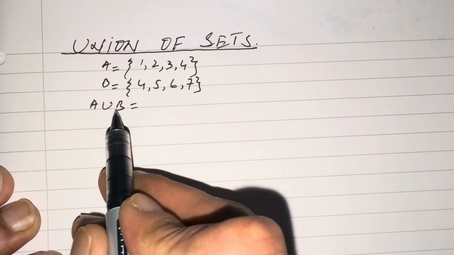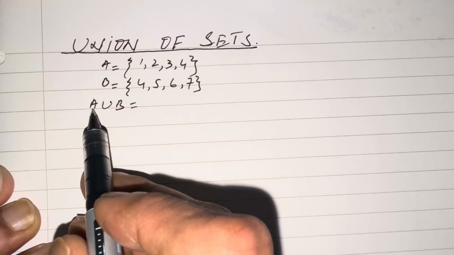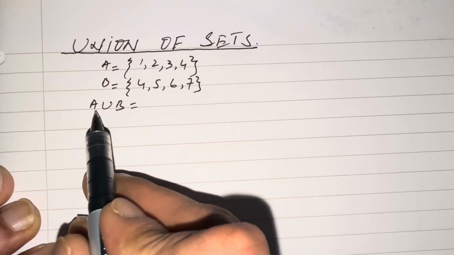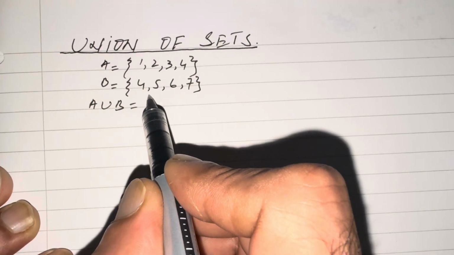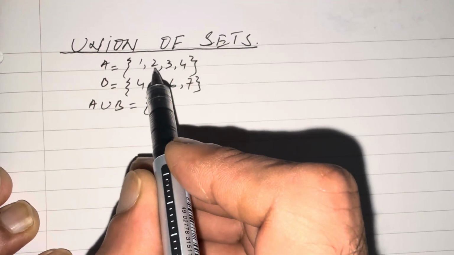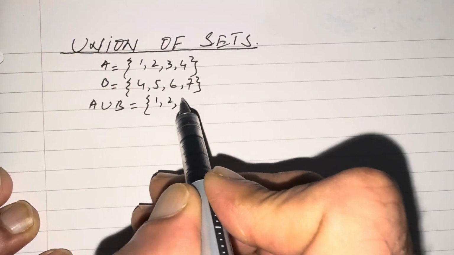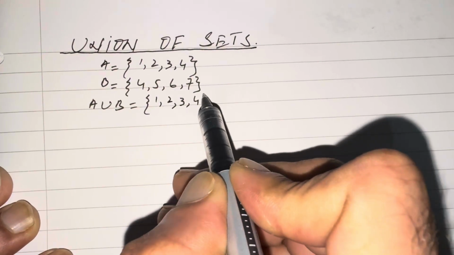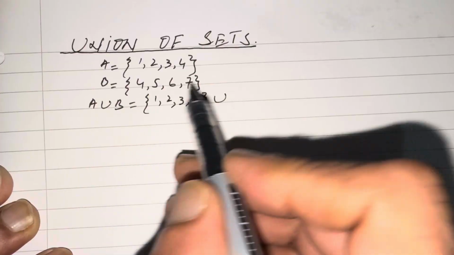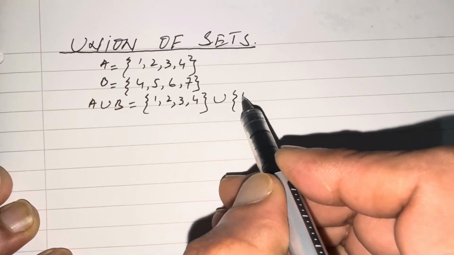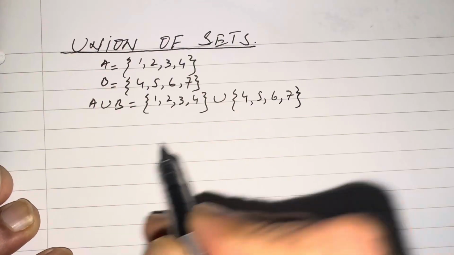So A union B, we are going to find the relation between the two sets A and B. The set A, as we have written, is equal to {1, 2, 3, 4}, and the set B is given as {4, 5, 6, 7}.